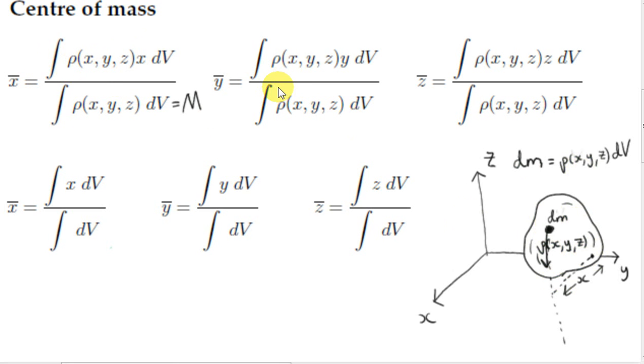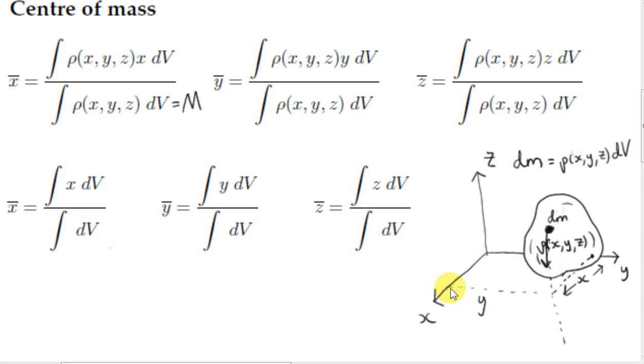We have a very similar formula for y bar and z bar. For y bar we are considering the perpendicular distance of the line of action of the weight to the x-axis, but we don't consider the magnitude of the force of gravity. We just consider the actual value of the mass element itself, which is dm.